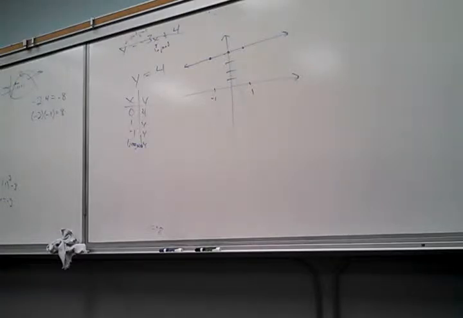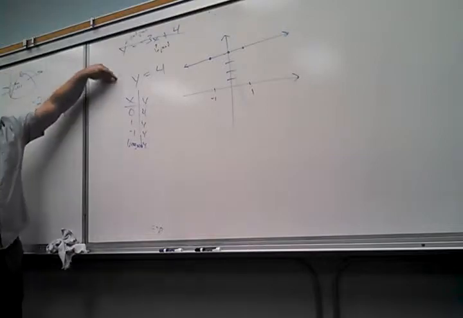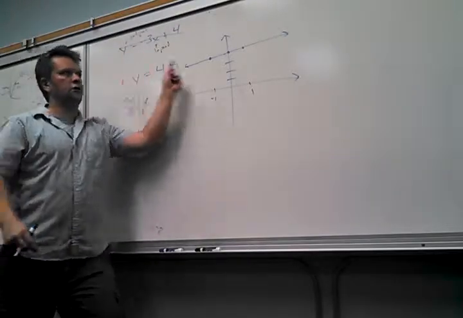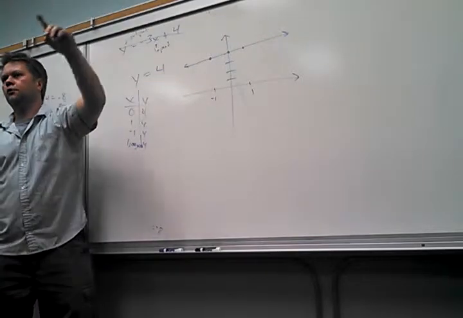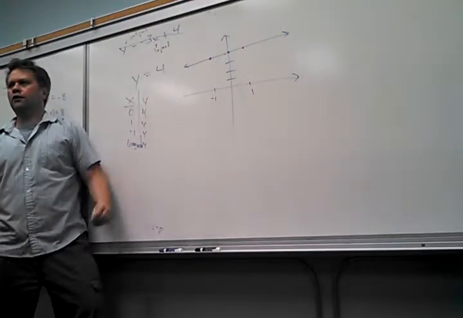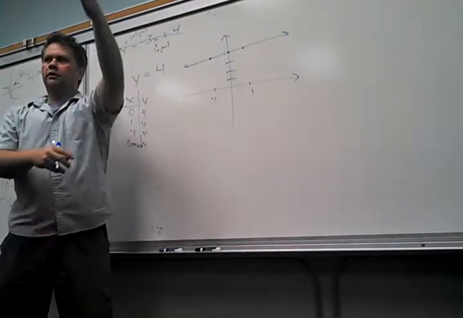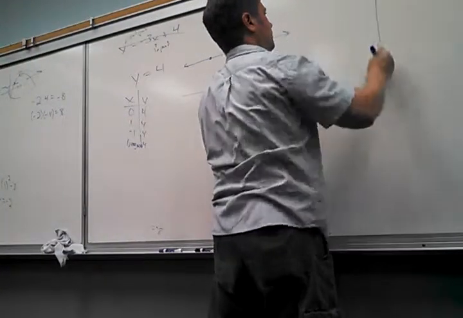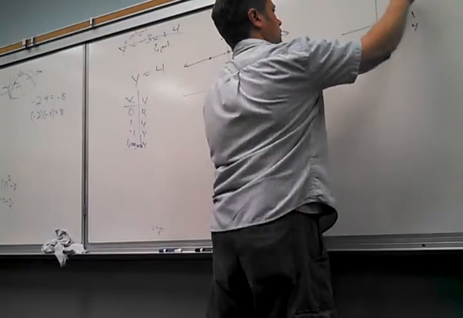Y tells me how much to go up and down. So if y has to stay the same, it cannot go up and down. What would x equals 4 look like? It would look like up and down, straight, because now it can't move left and right. X equals 4 would look like that.